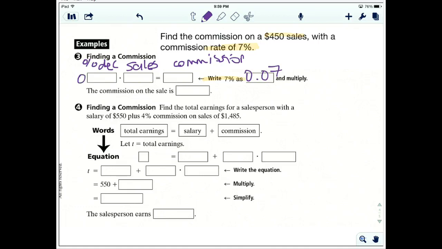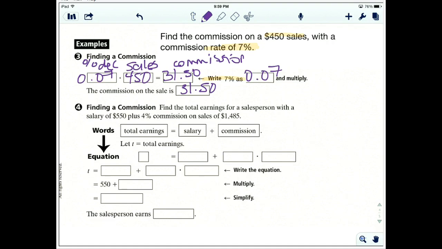So this would be 0.07 times $450, and that is going to give me $31.50. So the commission, this person is going to receive $31.50 for selling $450 worth of whatever, clothes, jewelry, whatever it was that they were selling.